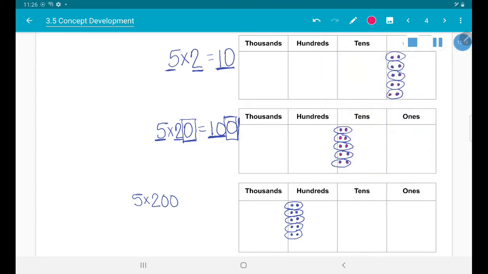I have 100, 200, 300, 400, 500, 600, 700, 800, 900, 1,000. So 5 times 200 is 10 hundreds, which we know is the same as 1,000. 5 times 2 is 10, and we have 2 zeros.